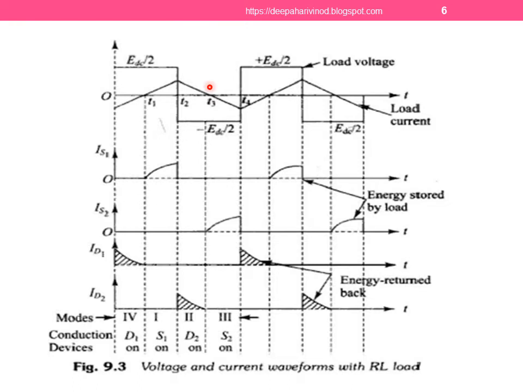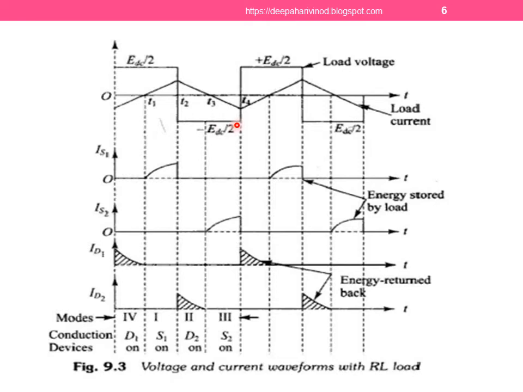This will produce a negative voltage, VY equal to minus EDC by 2. So when S2 is on, the output voltage will be minus EDC by 2 with negative load current.